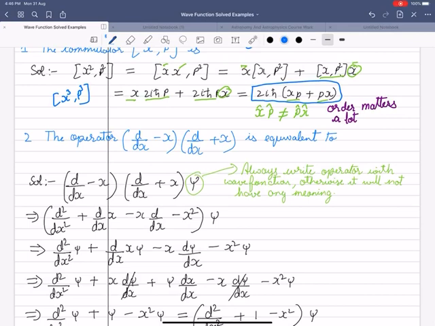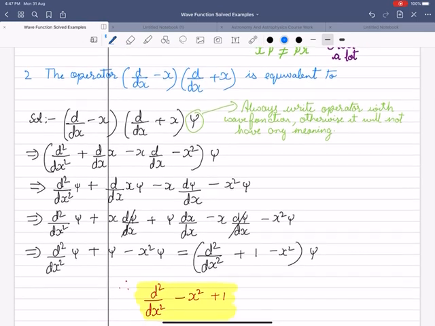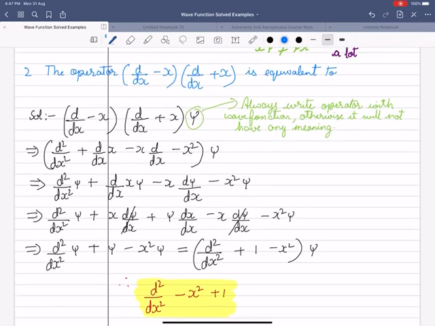If you are learning quantum mechanics, the basic concept is that an operator does not have any meaning of its own.